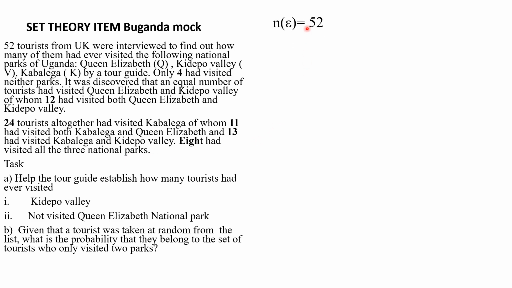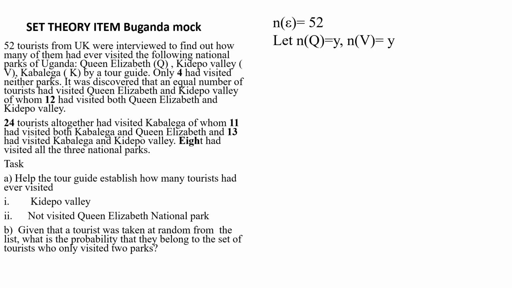So my universal set is 52. Then I let the number of tourists who had visited Queen Elizabeth be Y, and at the same time the number of tourists who had visited Kidepo Valley also be Y. Because in this statement, they are saying that it was discovered that an equal number of tourists had visited Queen Elizabeth and Kidepo Valley.